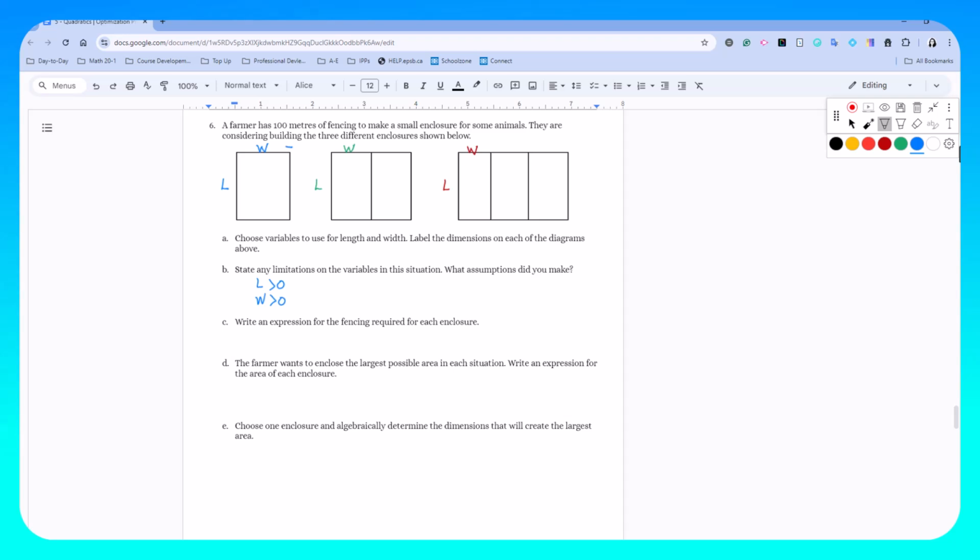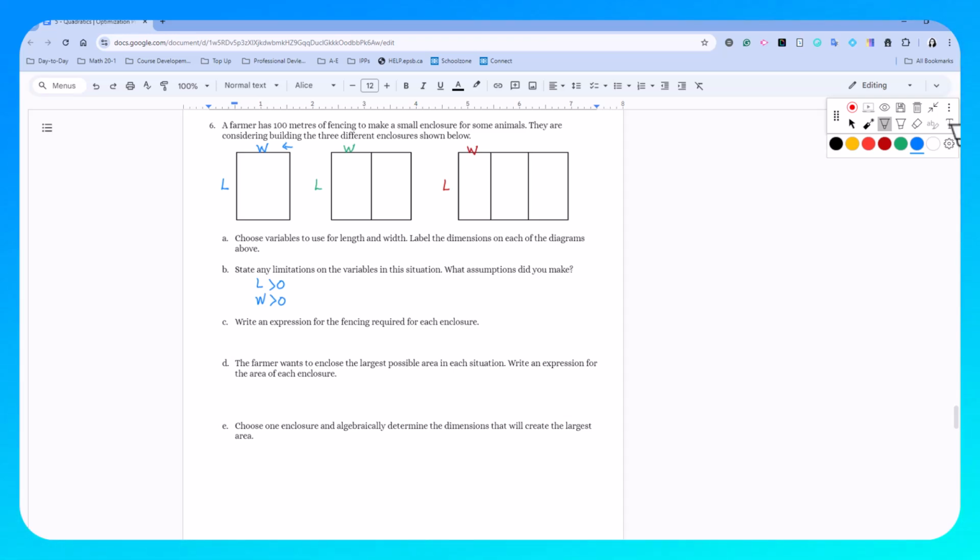So for instance, if I decrease this down, well, if the W does not exist, then it's no longer a rectangle. It's just a straight line, L. So not only can we not have negatives, but we can't have 0 as well.